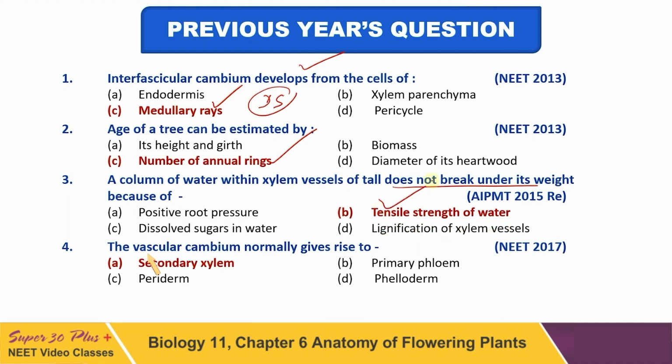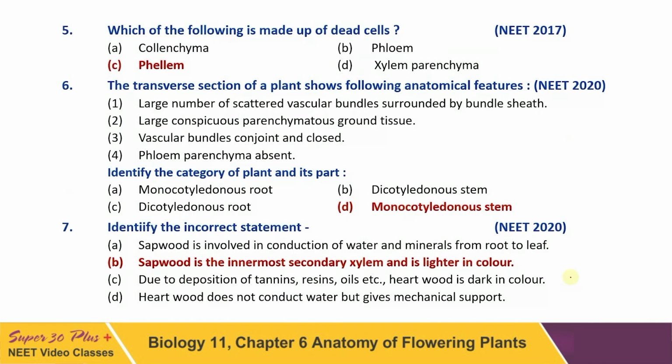Vascular cambium normally gives rise to secondary xylem. One more question: made up of dead cells? Collenchyma has living cells, phloem has living cells, while cork is made up exclusively of dead cells.